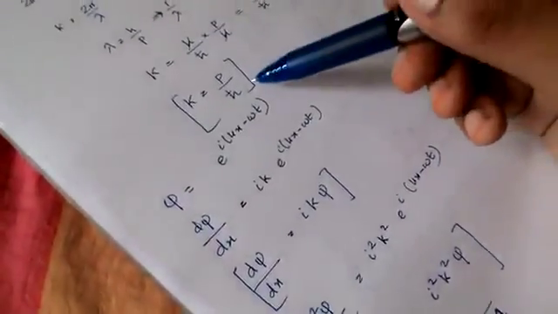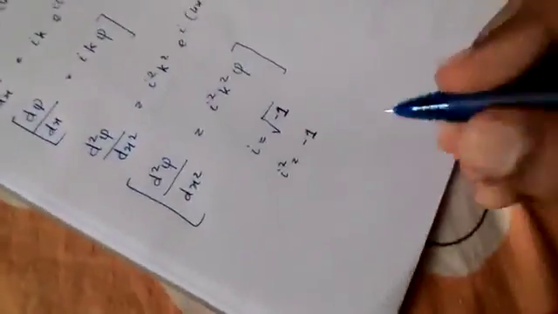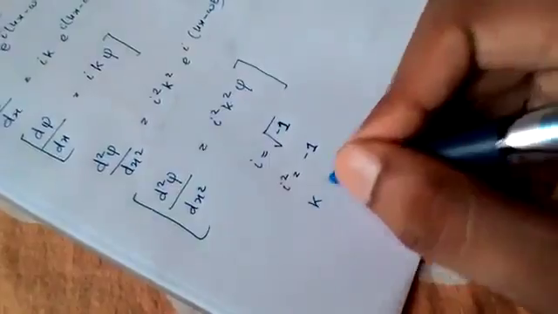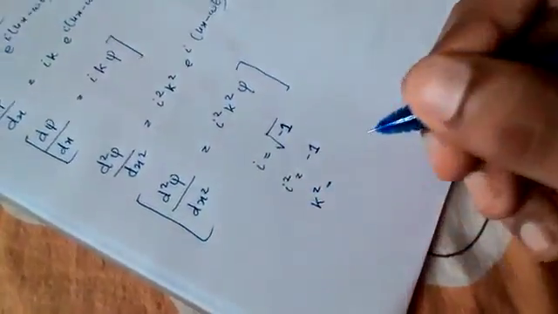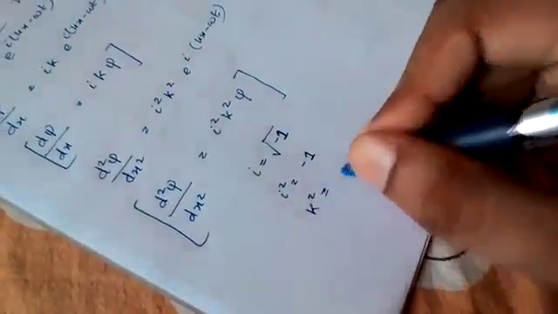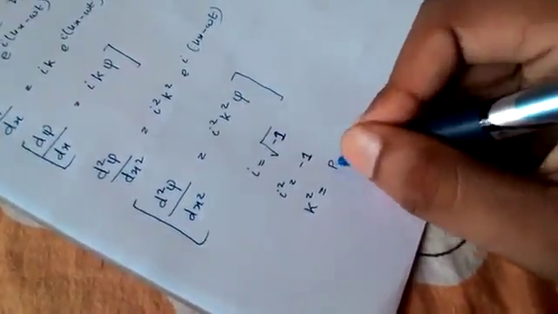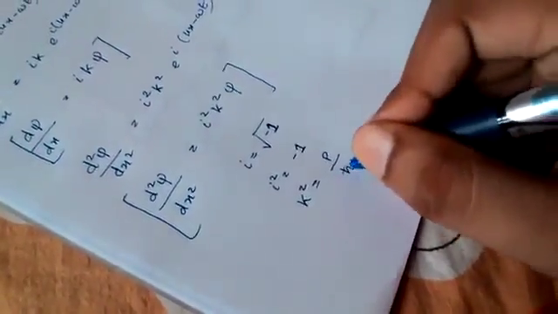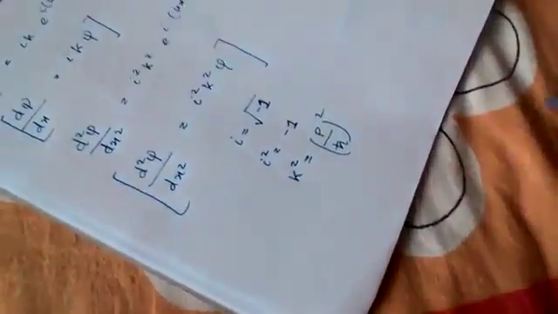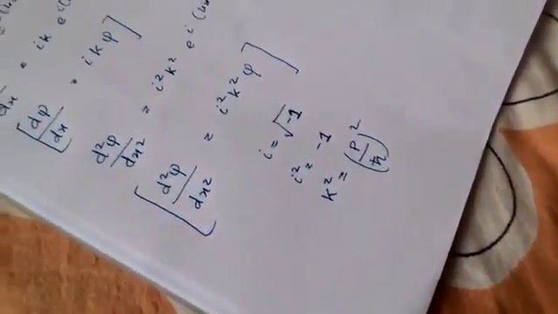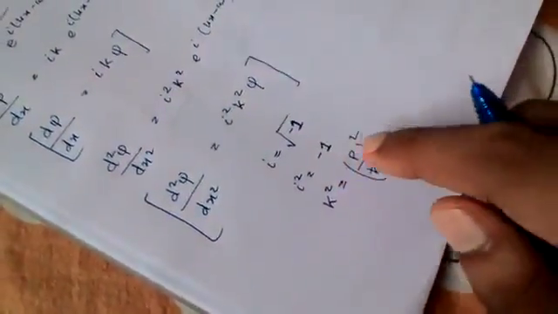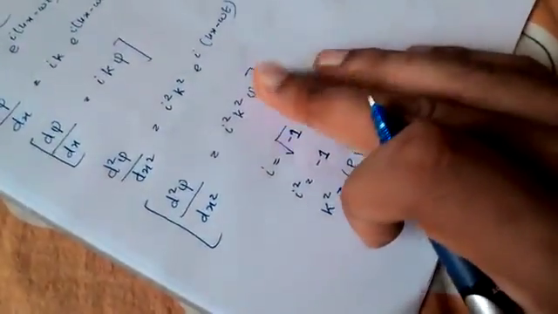And k, we derived as p by h bar, so k square equals p by h bar, the whole squared. We just substitute these two values in this equation.